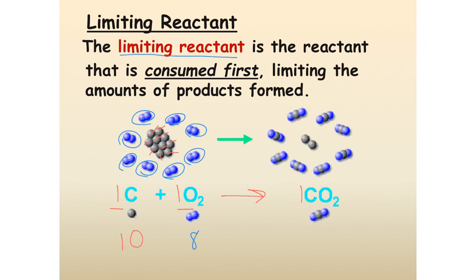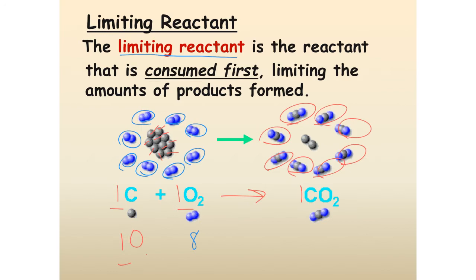So if I have 8 O2 molecules, which would really give me 16 oxygen atoms, that would require 8 carbon atoms to make 8 molecules of CO2, which is what we made. We went 1, 2, 3, 4, 5, 6, 7, 8. So we were able to use up all of the oxygens.